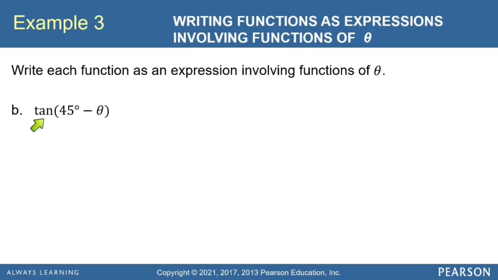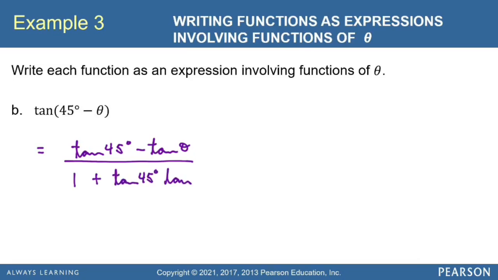So we have tangent of 45 degrees minus theta, and we just want to write this as an expression involving functions of theta only. So of course we want to use our tangent of A minus B identity to do this. So that would be tangent of 45 degrees minus tangent of theta all over 1 plus tangent of 45 degrees times tangent of theta.